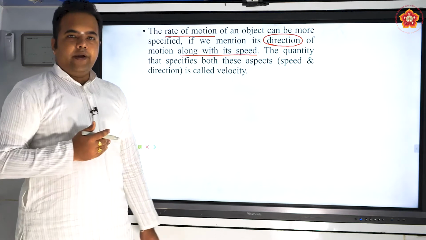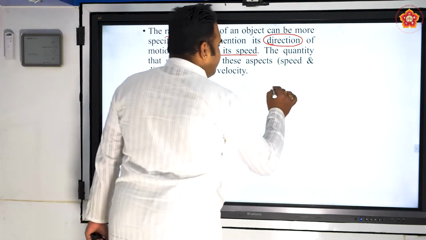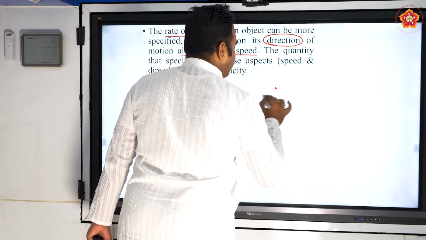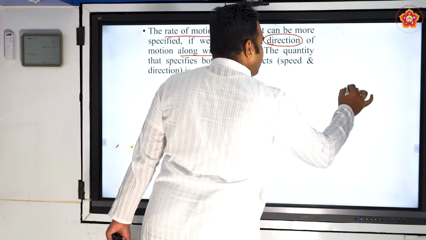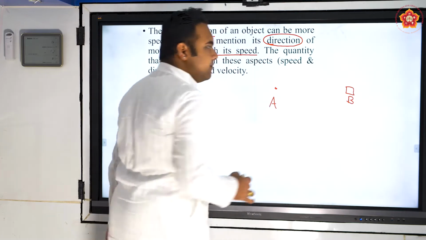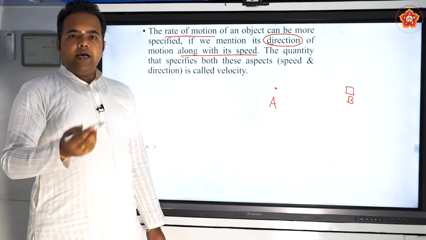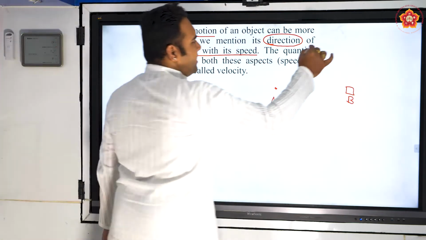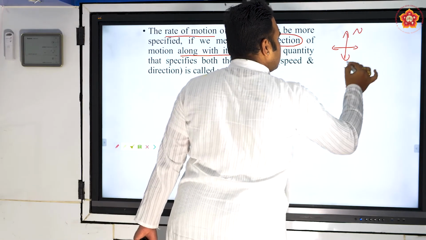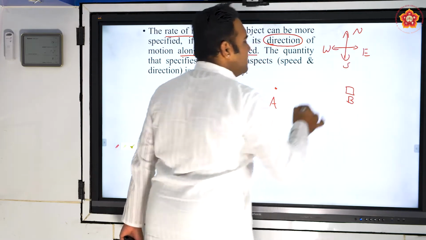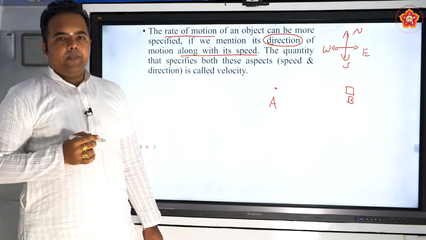Suppose for example I am at point A and my destination is at point B. Let's take the directions as these that we have here.